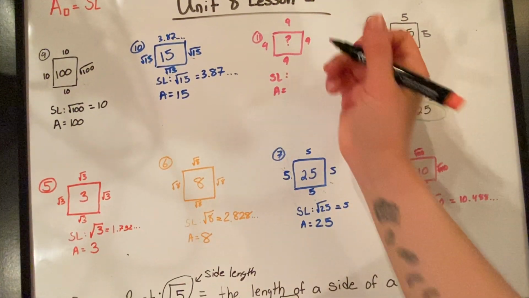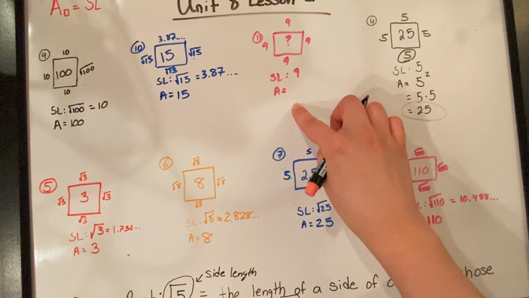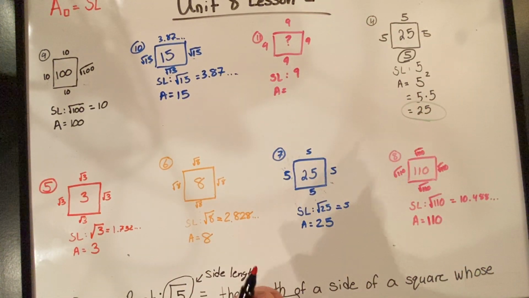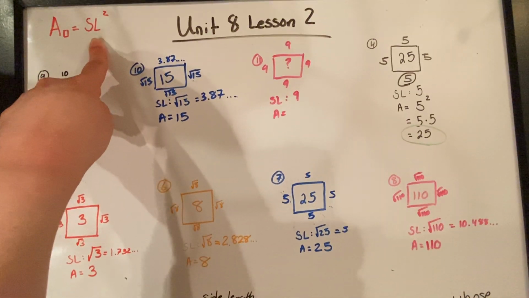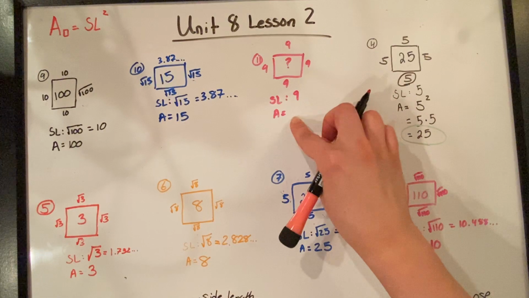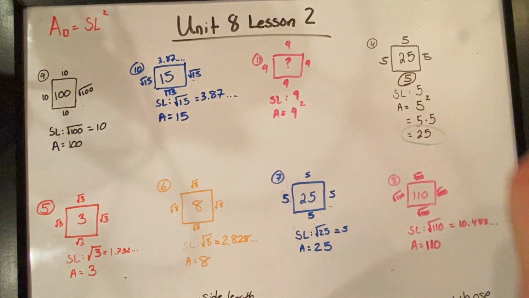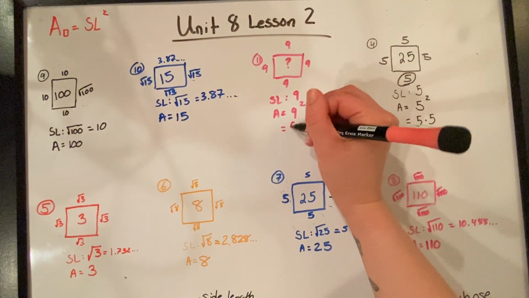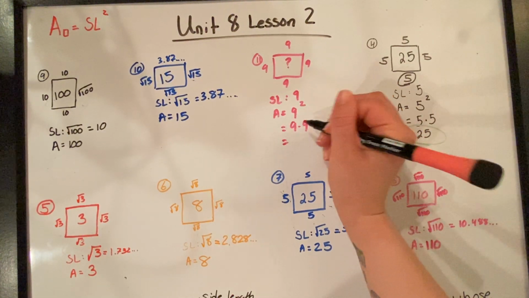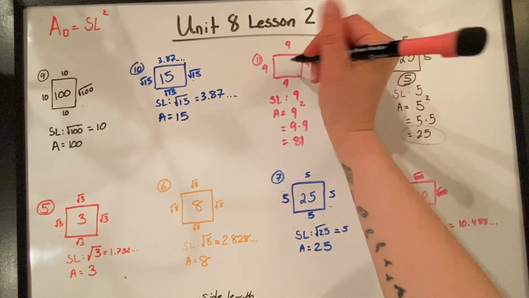Yes, it gave us our side length. Our side length is 9. So I'm going to write 9 there. So we need to find the area. So remember, the area is the side length squared, if you look from our examples. So my side length is 9, so we're going to do 9 squared. So this equals 9 times 9, which equals 81. So the area here is 81.